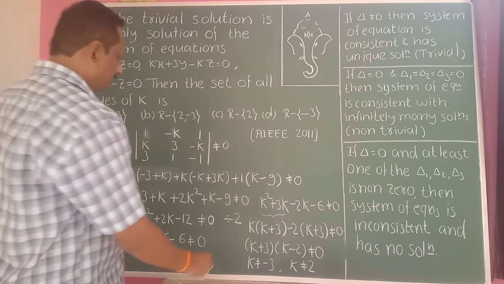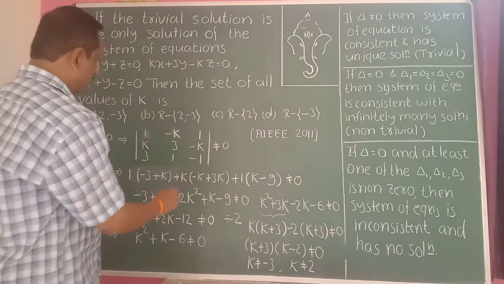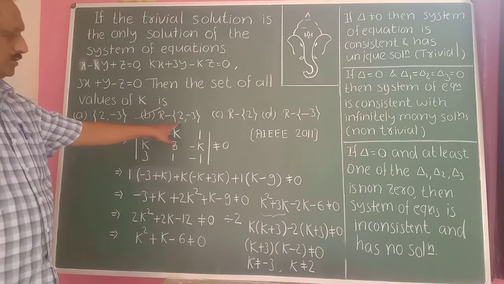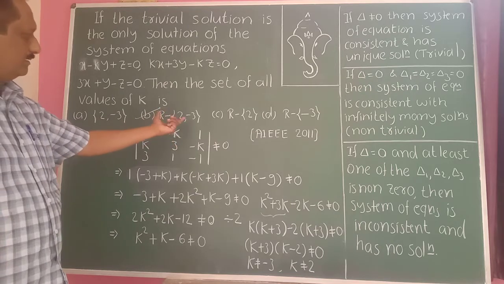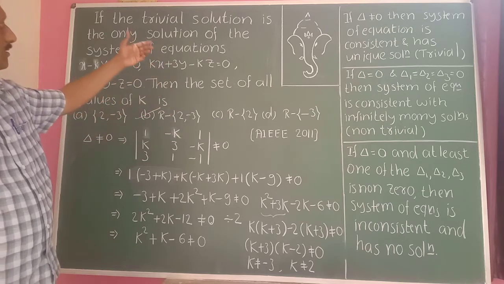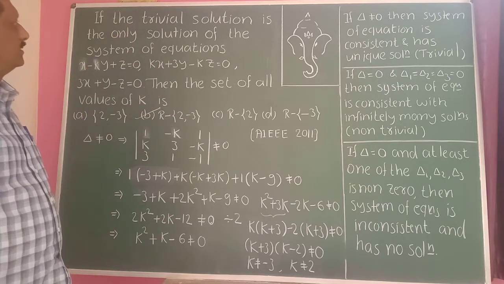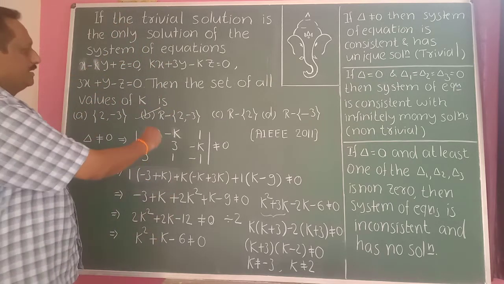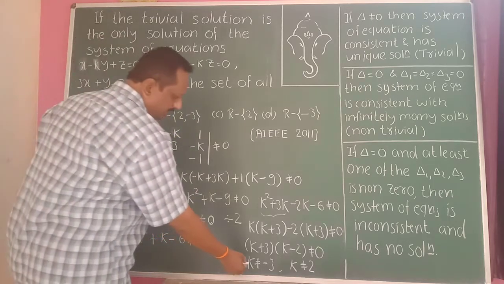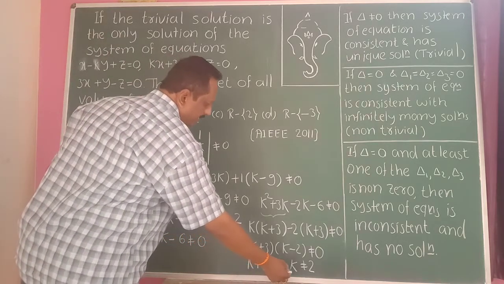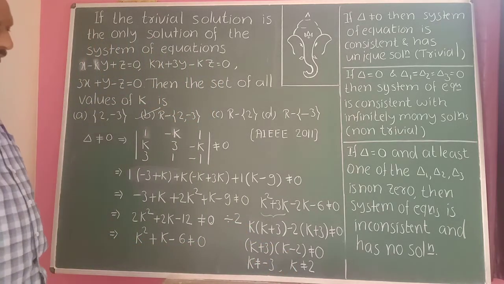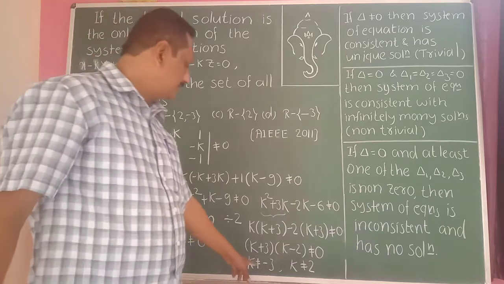Therefore the required answer is this one here. R minus the set {2, -3}, except those elements, then the solution is trivial here. Therefore R minus the set {2, -3}, because k is not equal to minus 3 and k is not equal to 2 means you exclude these elements from the set of real numbers.